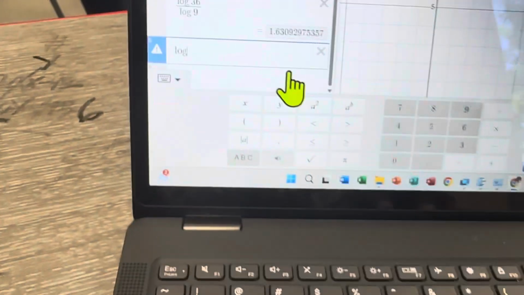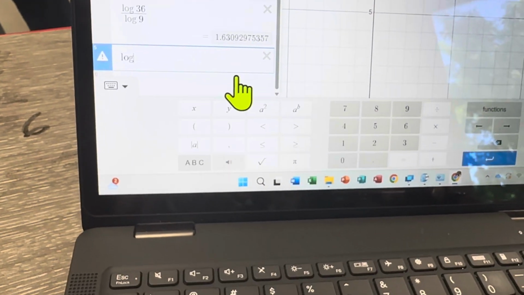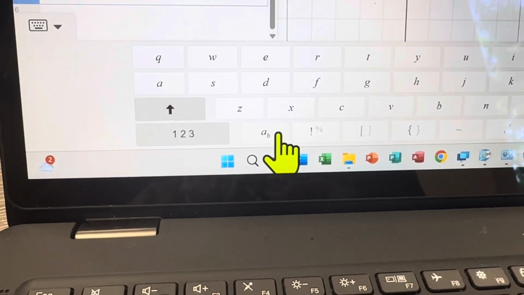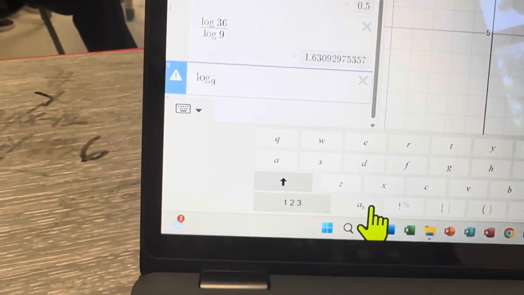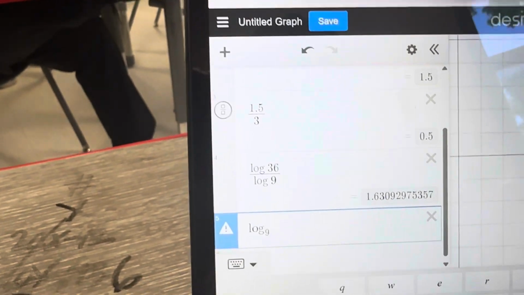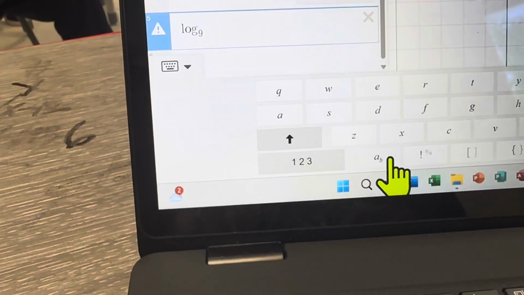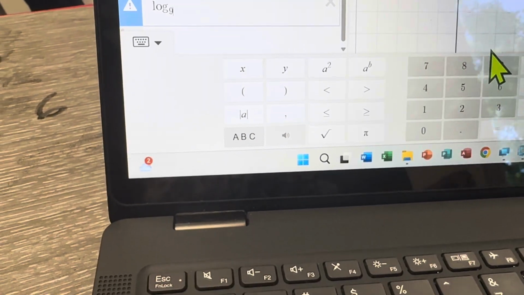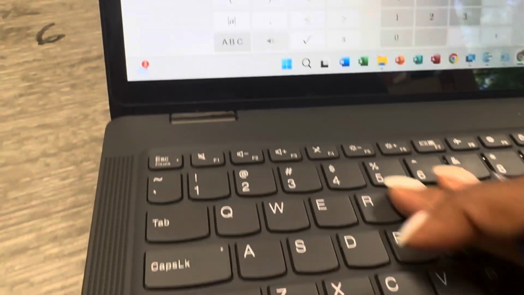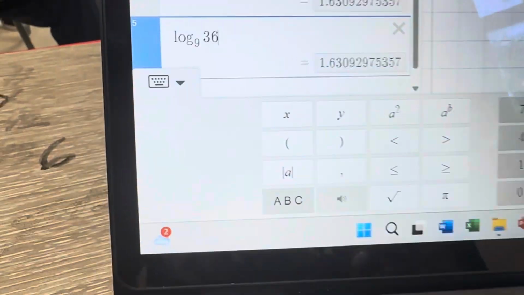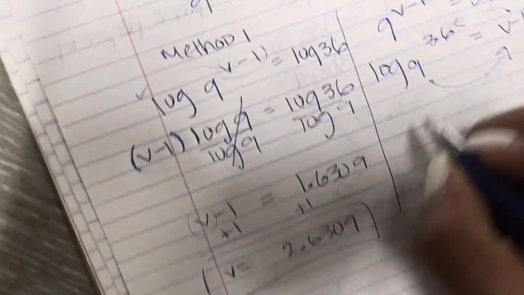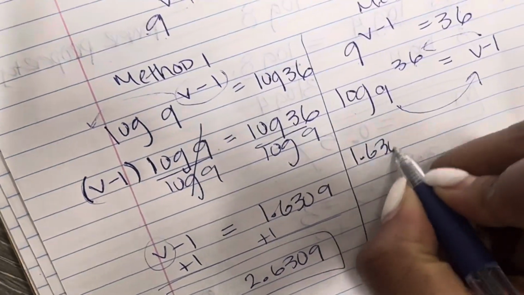Log 9. You can do ABC, AB to get the base. 36. Log 9, 36, 1.6309, right?